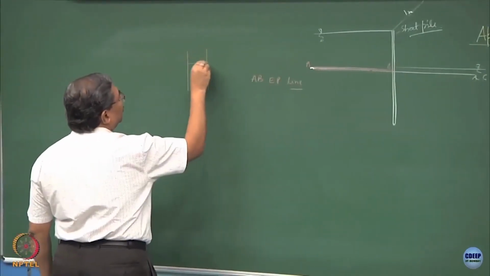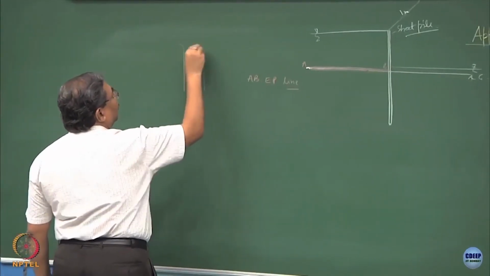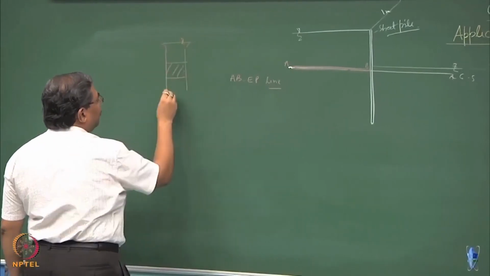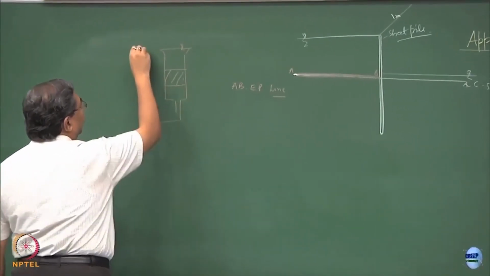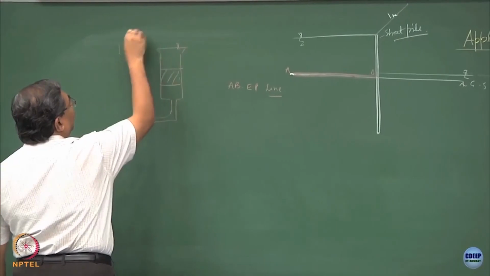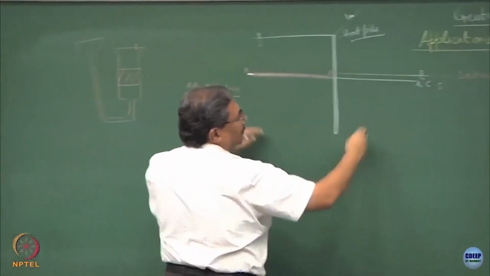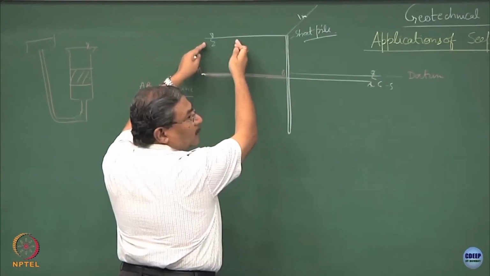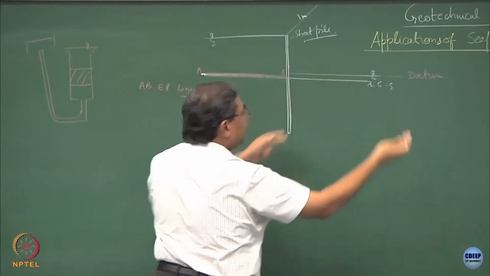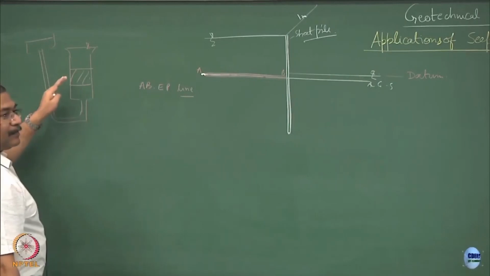It is nothing but similar to this system. You remember we have solved these problems, where this is connected to the upstream and this whole thing is connected to a reservoir. This porous media is nothing but this porous media. On one side it is connected to this head, another side is connected to this head, as simple as that.